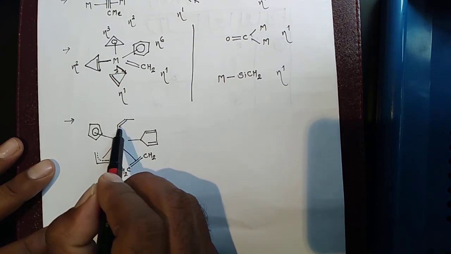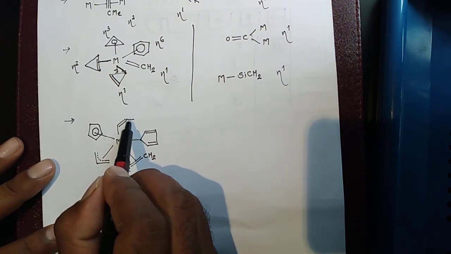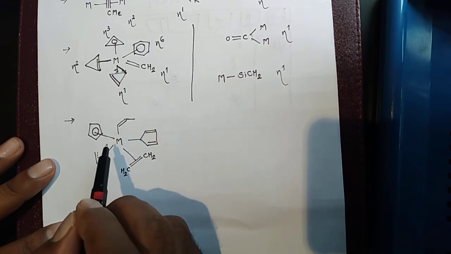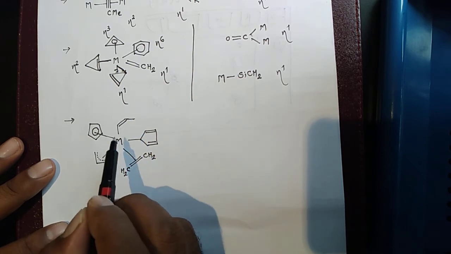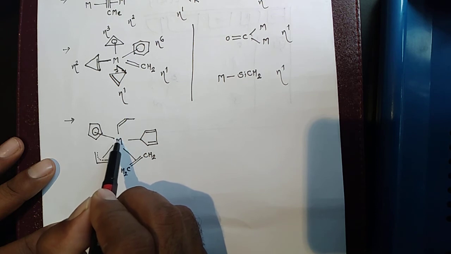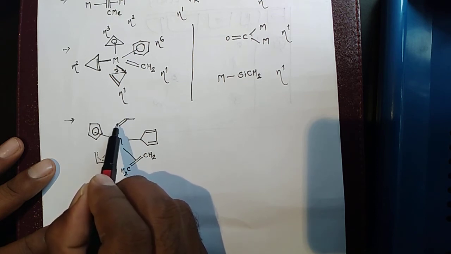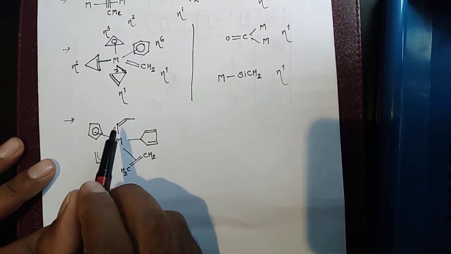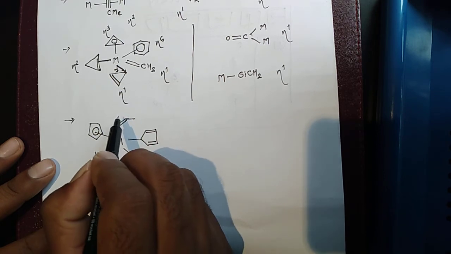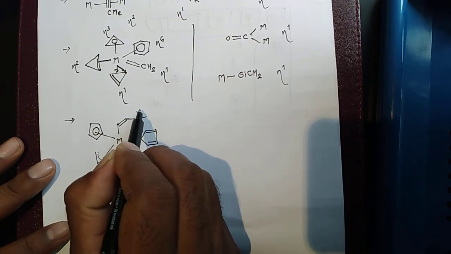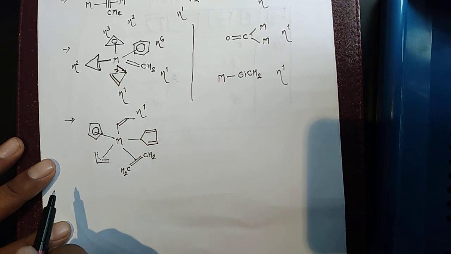What do you think here? Here this CH3 allyl type of group is directly attached to the metal, but we have to think that the metal is attached directly to only one carbon, which means the eta value or hapticity of this ligand is 1.